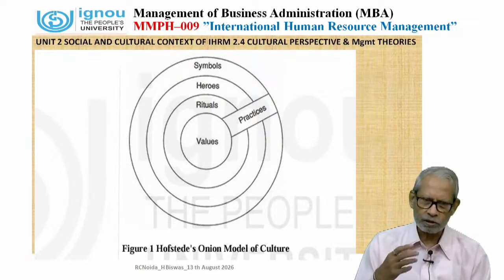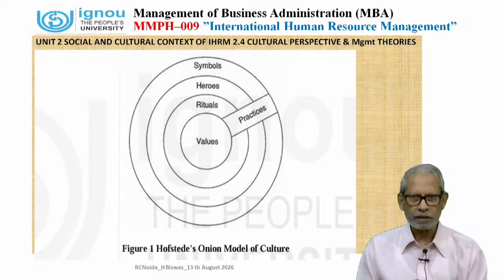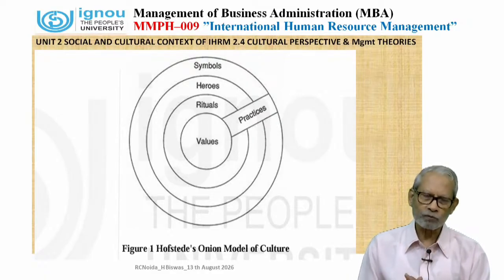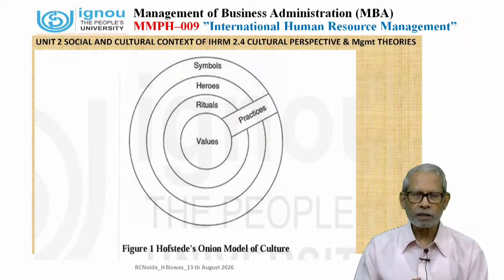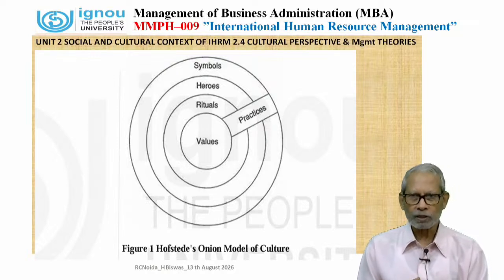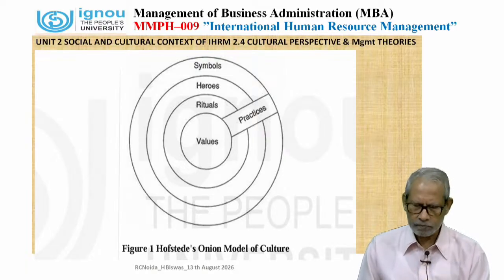So symbols and heroes, then rituals, and what the practices are. So this way you have to go inside to the core area. The ultimate aim is that the core area be more grown and culturally more sophisticated, so people can work more effectively there, if you have a good culture creation of these things.